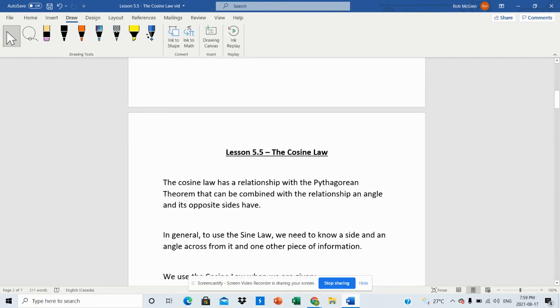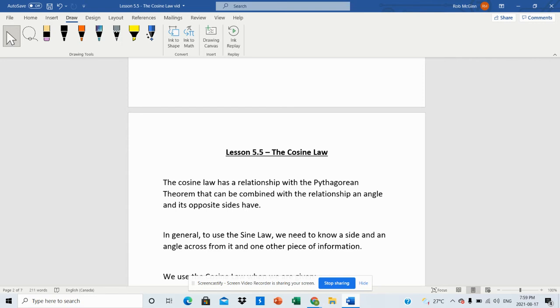What we really are concerned with, though, is knowing how and when to use the cosine law. So, in general, to use the sine law, we need to know a side and an angle across from it, and then one other piece of information, and we can use the sine law to solve for any side or any angle in a triangle.